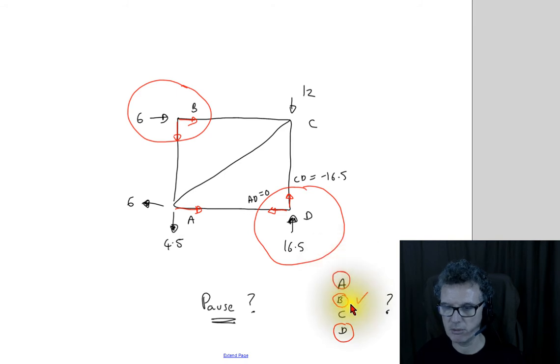I could go back to the B, or I could go to A. Since B is nice and straightforward, everything's horizontal and vertical, I think B is the best one to choose to do next. So we'll go and we'll do method of joints at B now. Okay, so we've got BC going in that direction and AB going down in that direction. So you want to draw another diagram.